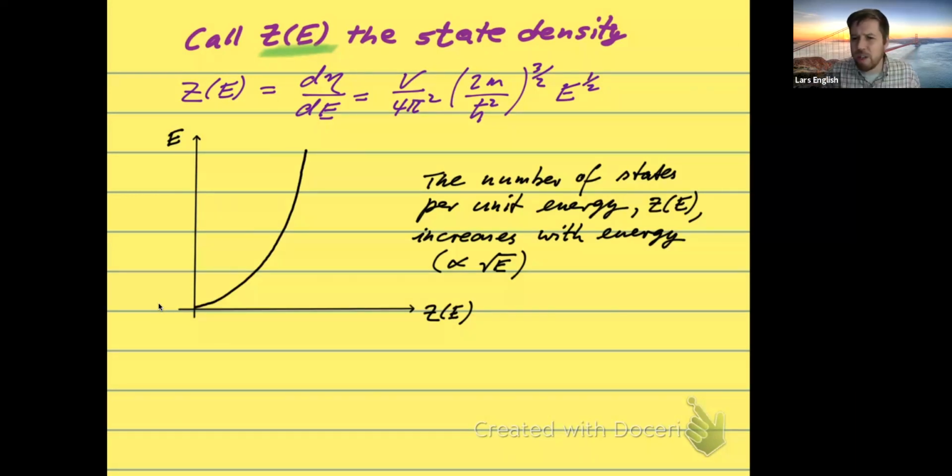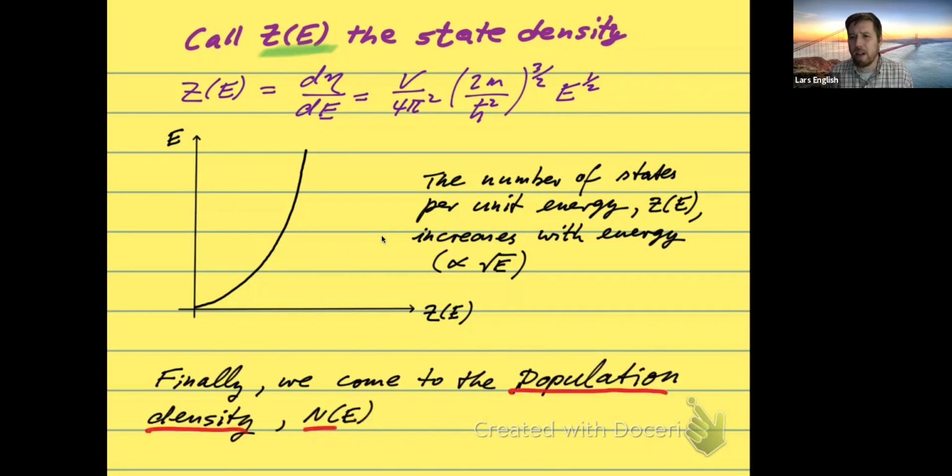Sometimes conventionally the energy is plotted vertically, but that's just convention. Normally I would plot this function with Z as the vertical axis and E as the horizontal axis. We would just flip this around and get the square root function. So the important thing to realize is that Z of E is proportional to the square root of E. We get some kind of functional dependence like that.